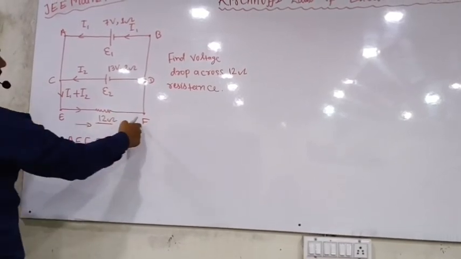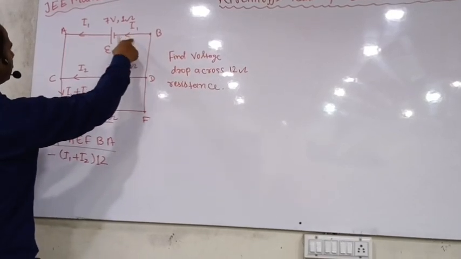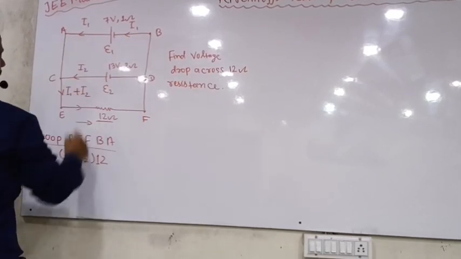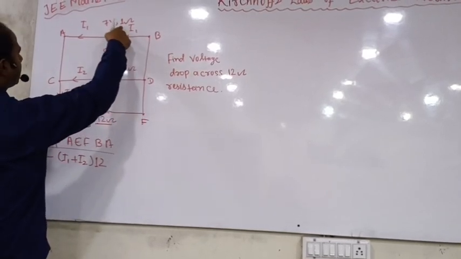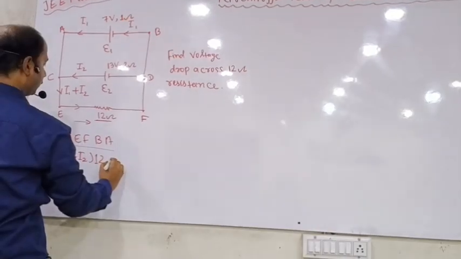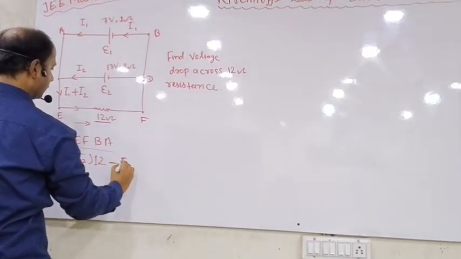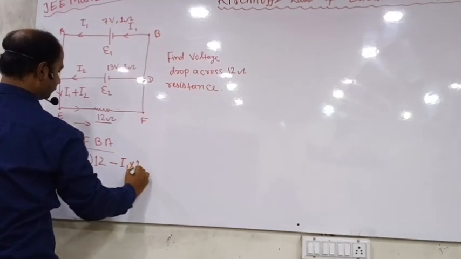Now from F to B, there is no circuit element. From B to A, the current is I1 and the internal resistance is 1 ohm, so we take minus I1 into 1.